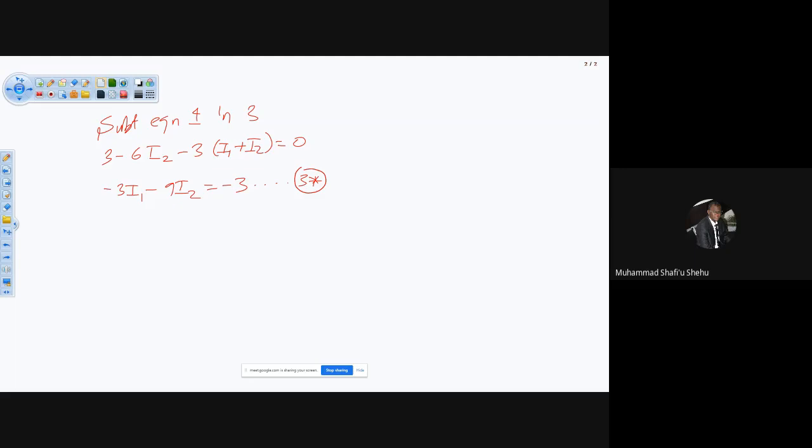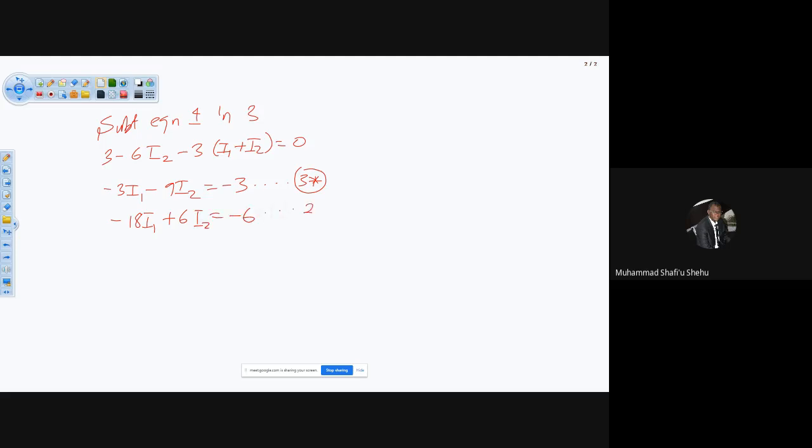So now we have an equation that looks similar to equation 2. If you can remember our equation 2, the simplified form of equation 2 is the same as 6 I3 equal to minus 6.